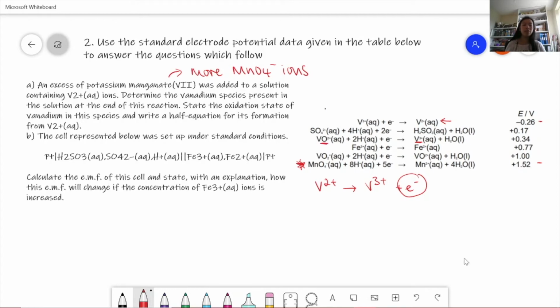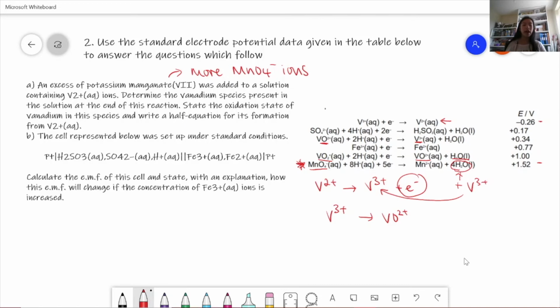And because this manganate produces water in this reaction, this water then reacts with the V3+ that we formed here. And so what happens is that the V3+ then turns into VO2+ ions. And then again, this VO2+ added with water, it then forms VO2+. So if we've got the excess of potassium manganate, more and more water is formed.